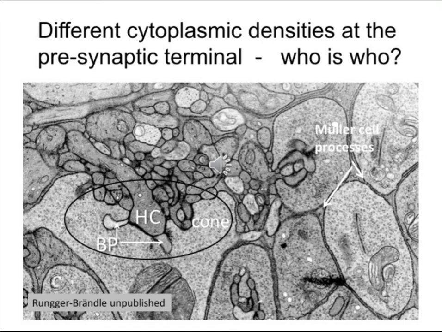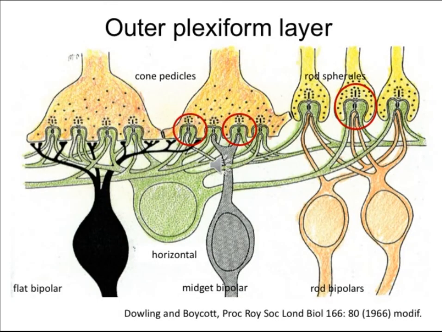On this micrograph, we also observe that Müller glial cells are present around the synapses, surrounding the neuron cells as tiny rims to the right. The scheme of synaptic connections in the outer plexiform layer you have already seen is an almost historical one designed by Dowling and Boycott in 1966. In general outline, it is still valuable.